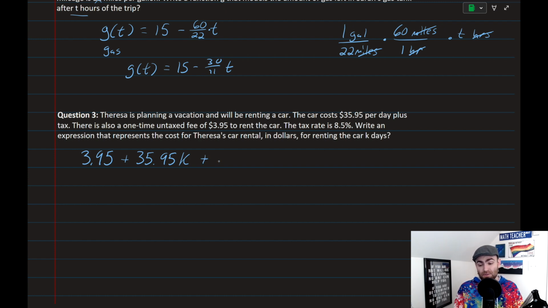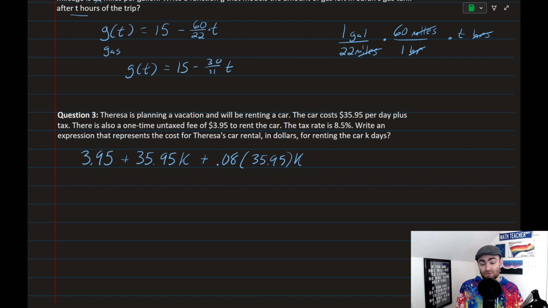So we're going to add an 8% of the $35.95K. This is one expression. We have the one-time untaxed fee, we have the cost per day, and then we have the tax on the cost per day.